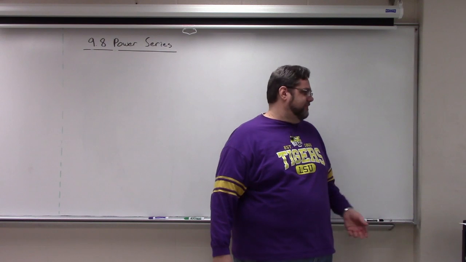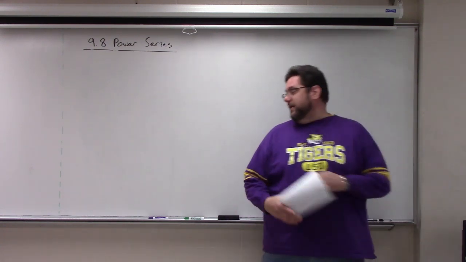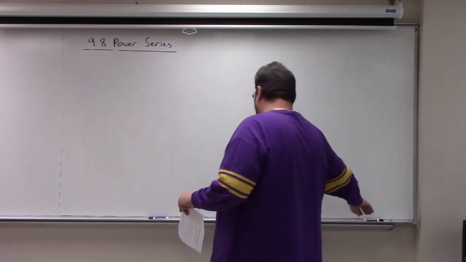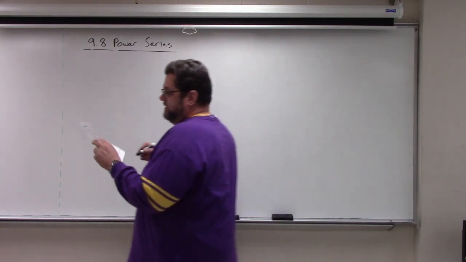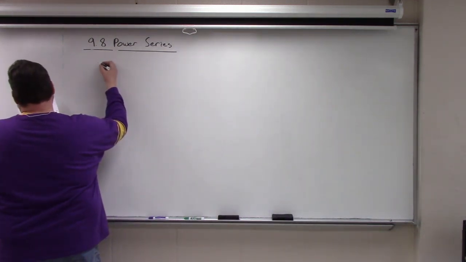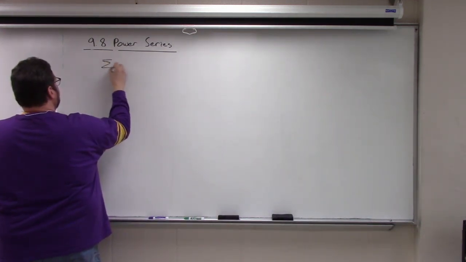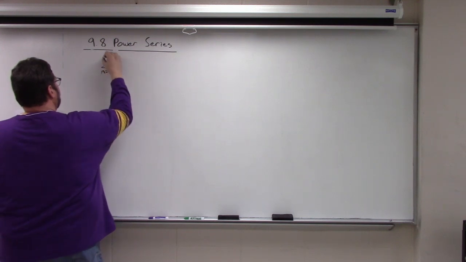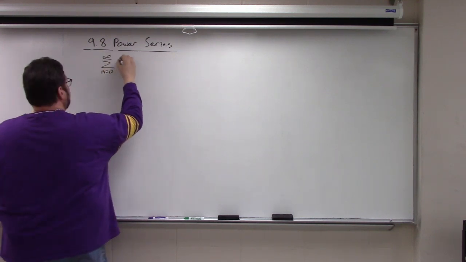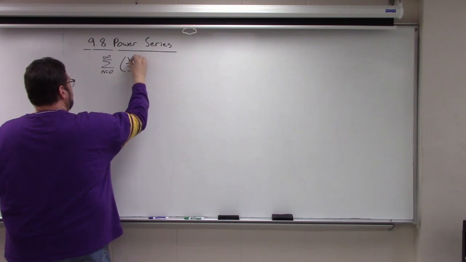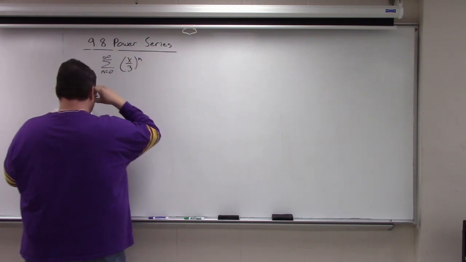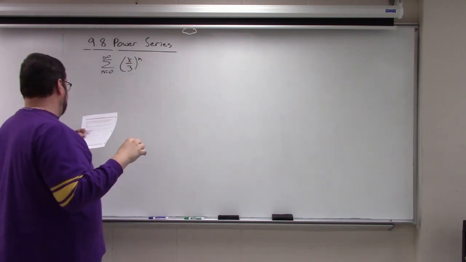Computer-based stuff. So let's look at an example. Let's look at, let's see, we've got the sum from n equals 0 to infinity of x over 3 to the n. All right?